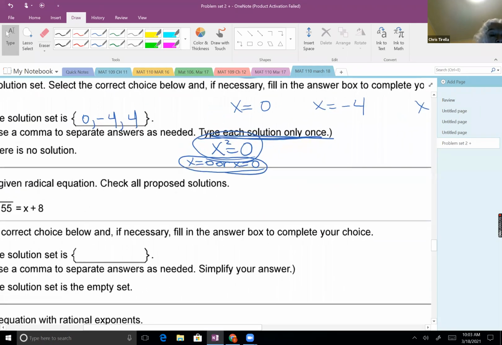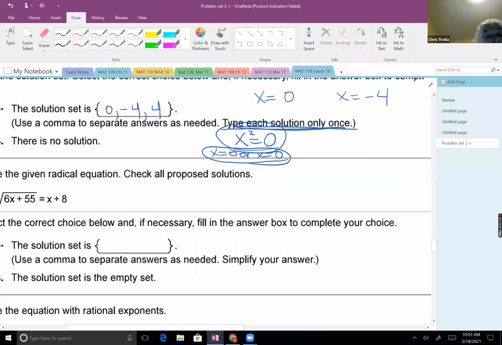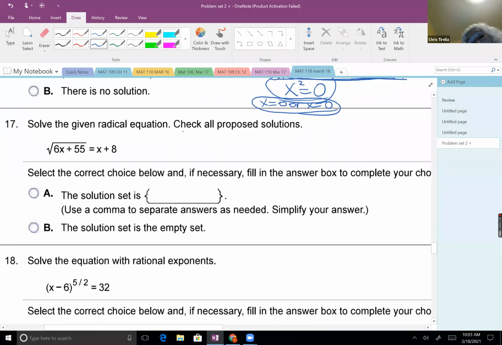Next one, if there's no questions, the next one is a radical equation. And if MyLab tells you to check, check, because it means that that check is important.